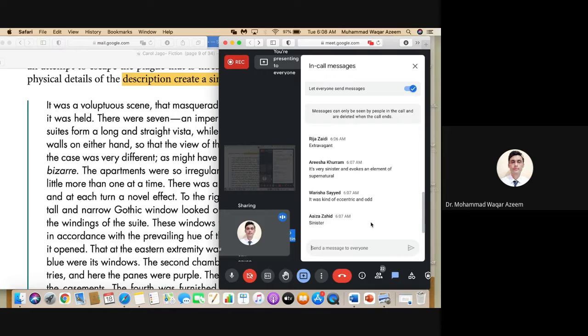So Varisha says it is kind of eccentric and odd. I would say it is eccentric in the sense that it does not follow the regular pattern of a building as a normal building would.